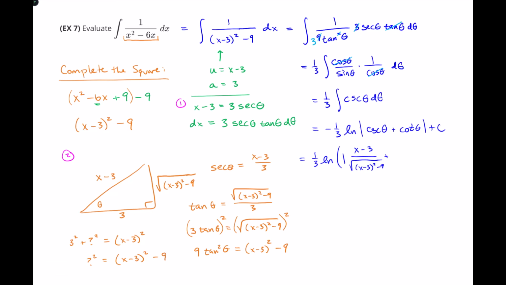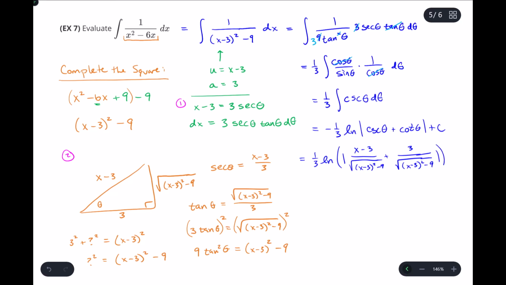Cotangent is going to be adjacent over opposite. So 3 over this square root. And don't forget your closing absolute value and parentheses. And I think I've neglected my negative that was there, so I'll go ahead and put that back.